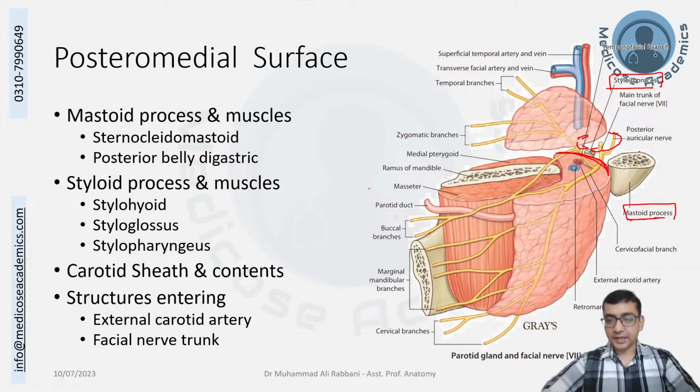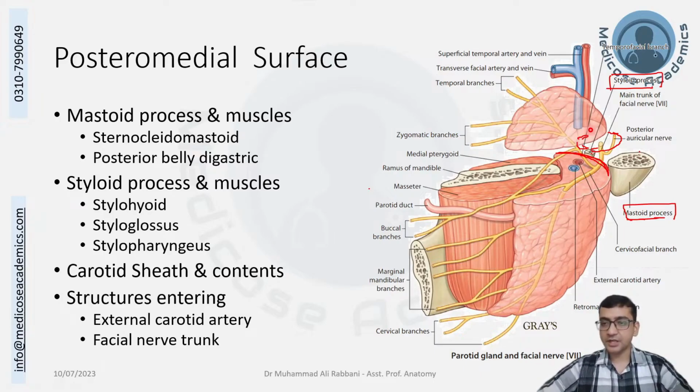So we can say that the parotid gland is separated from the carotid sheath by the styloid process. The carotid sheath and its contents can be mentioned in the posteromedial relations of the parotid gland, because that's just related posteromedial to the styloid muscles and styloid apparatus.